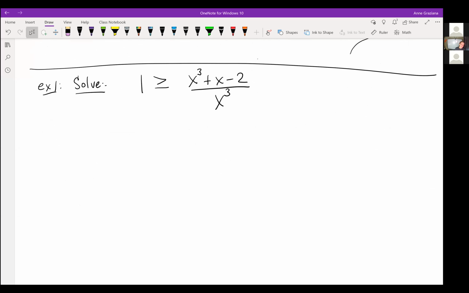Now, can I simplify out those x to the thirds? Do those cancel? The answer should be no, because it's not factored. We cannot just cross off those x to the thirds.